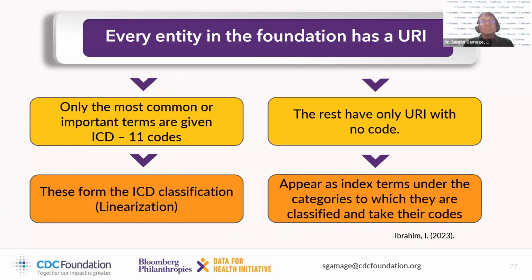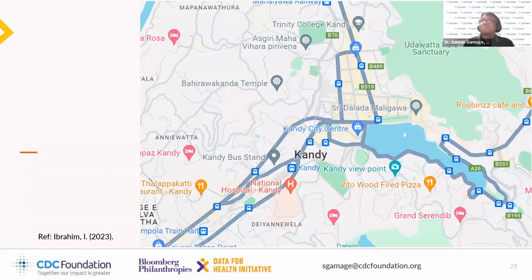However, these URIs without codes appear as index terms under the categories to which they are classified and take their codes. So they will appear as index terms under other categories having ICD-11 codes. Let me explain this again.